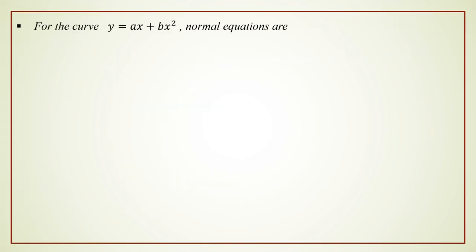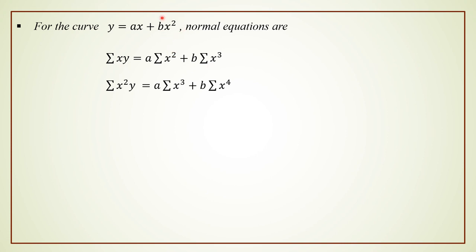Now to write the normal equation for the curve of the form y is equal to ax plus bx square. Just observe over here, it consists of x and x square. Therefore the first normal equation is obtained by multiplying x throughout and then taking the summation of it. So you have summation xy is equal to a into summation x square plus b into summation x cube.